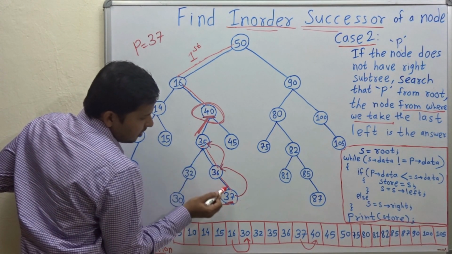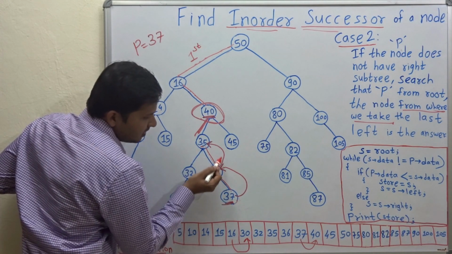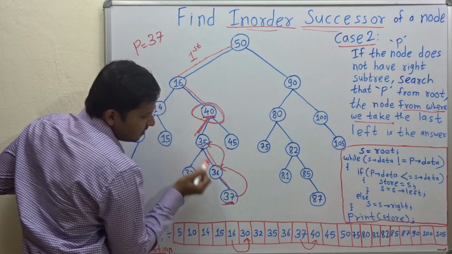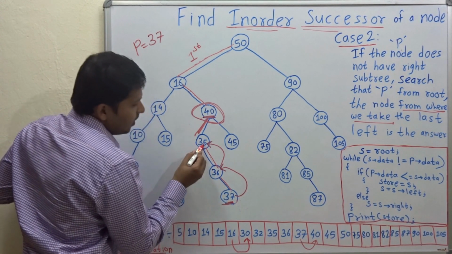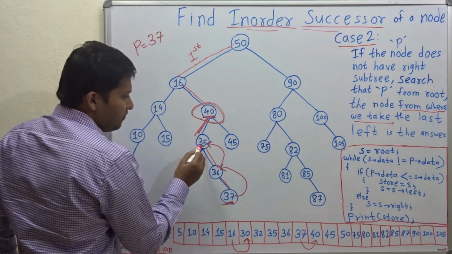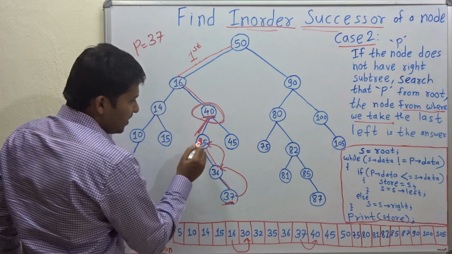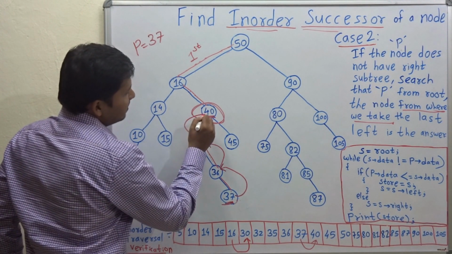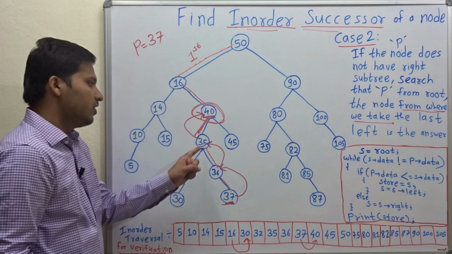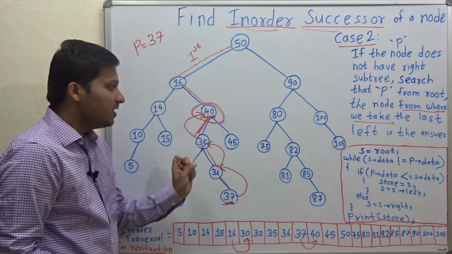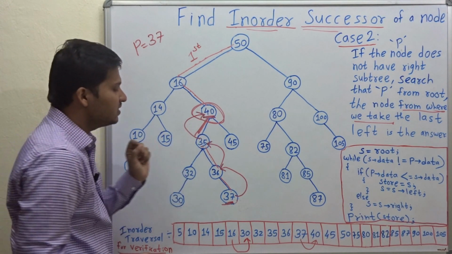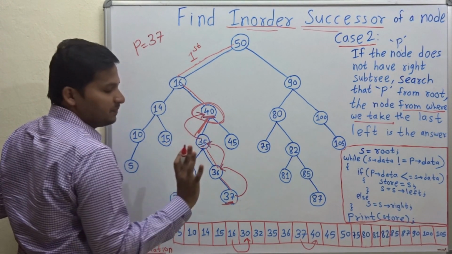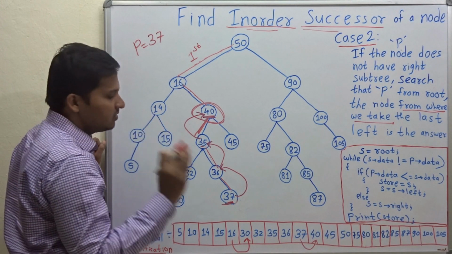In this branch, if we go in reverse like this, obviously the nodes will be less than 37. But at 35, the parent of 35 is on the left ancestor side. See, for 35, 40 is the left ancestor. Means what? 35 is the left child of 40.